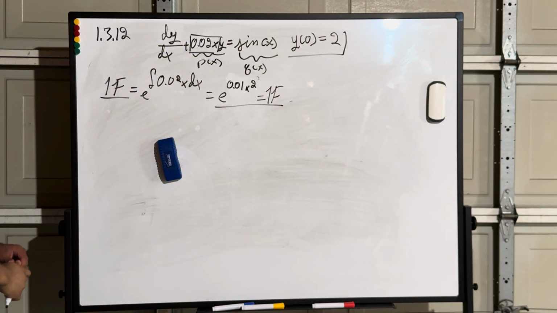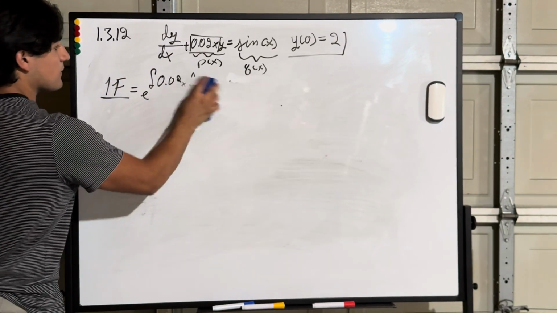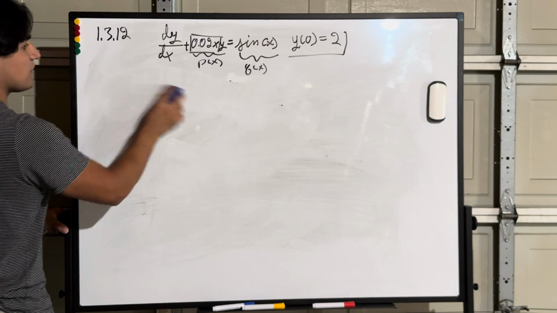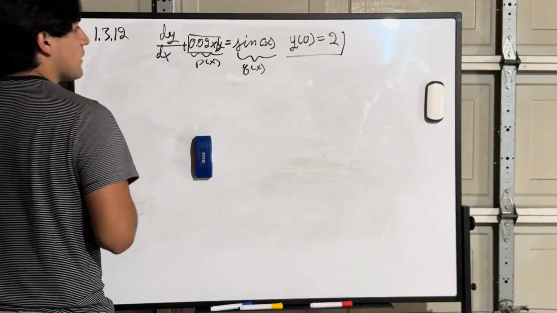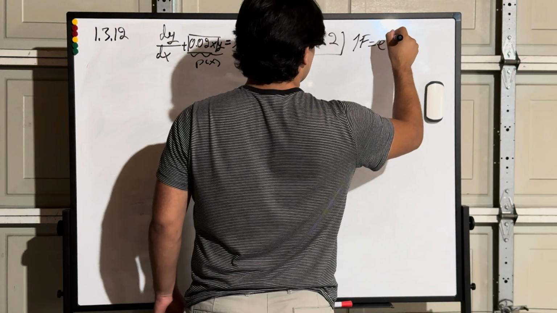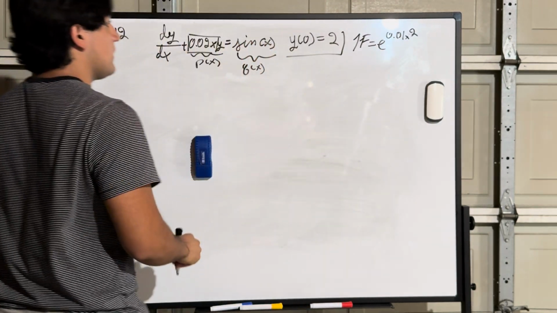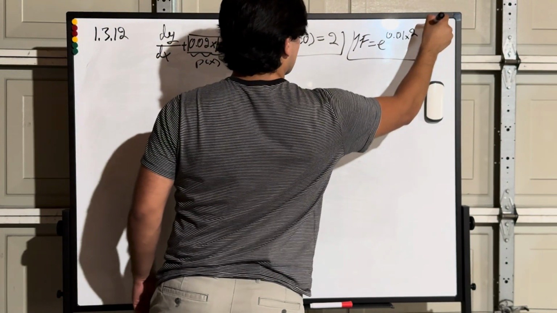Okay, so now we got that. Just erase this because I always run out of space. I have it here. IF equals e to the 0.01 x squared.